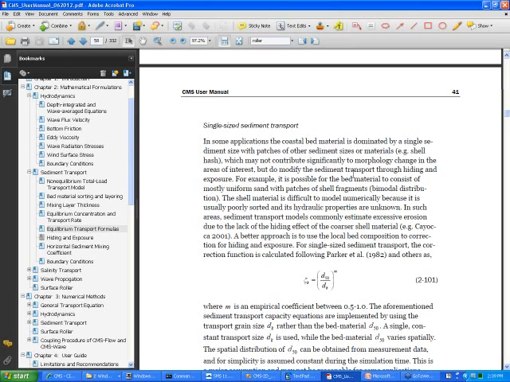Now, it's possible to do a hiding and exposure correction even if you have a single size class, by assuming that the bed composition is different from the size class that you're moving. And if you do that, then it's possible to calculate a hiding and exposure correction function like this, equation 2-101.